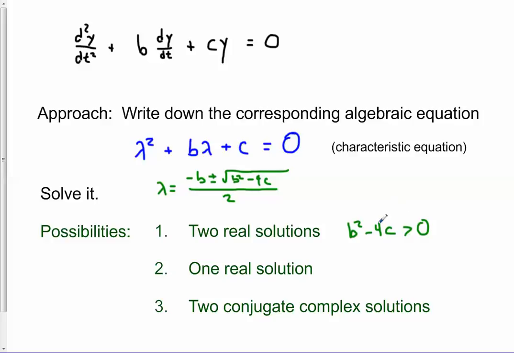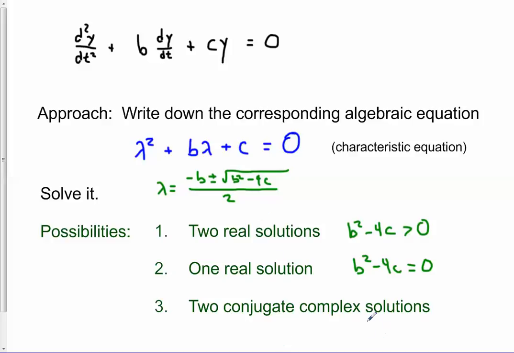Sorry, out of habit I wrote 4ac instead of 4c, which is what we're assuming. The second possibility is that b squared minus 4c comes out to be exactly 0. So it's very exactly tuned. The b and the c are such that it comes out exactly to 0. Then you have the square root of 0, which is 0. So plus 0, minus 0, same thing. So you really only get one answer. In fact, you get negative b over 2.